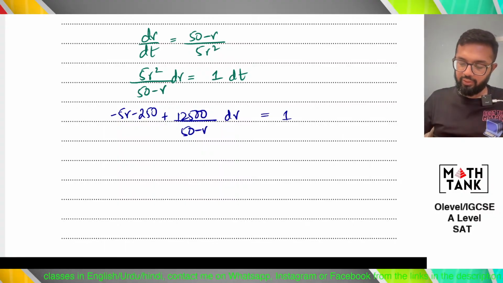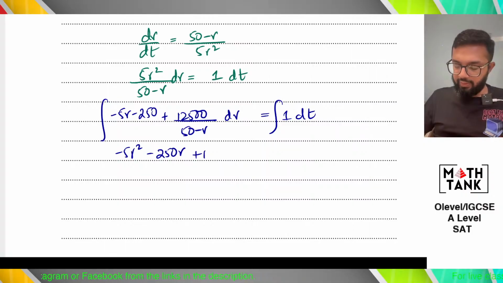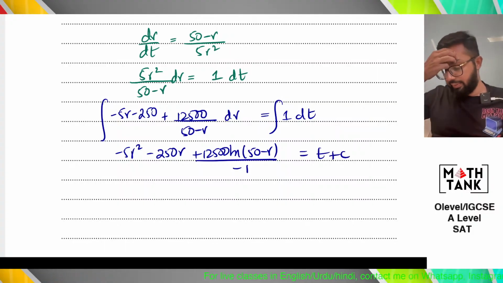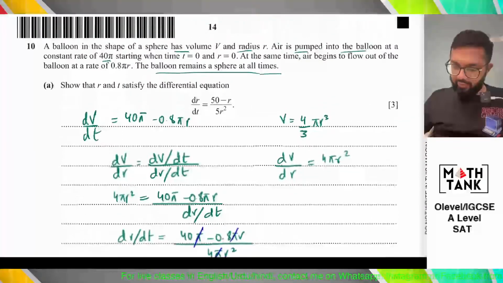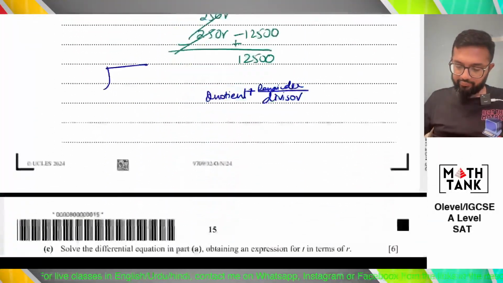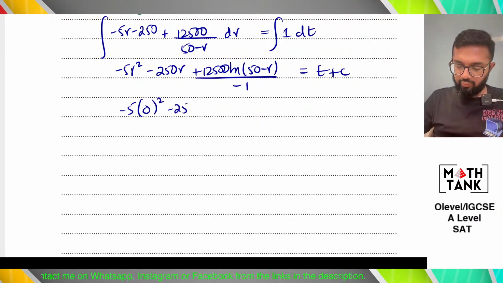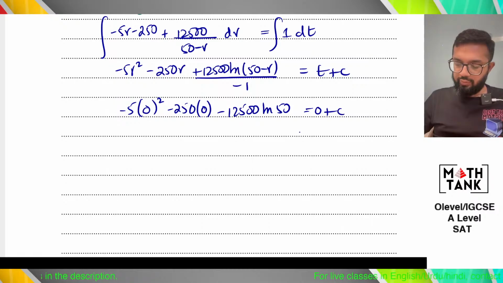dr equals dt. Now you integrate both sides. So minus 5r squared minus 250r plus 12,500 ln of 50 minus r divided by minus 1 equals t plus c. When r is 0, t is 0. So c is minus 12,500 ln 50.